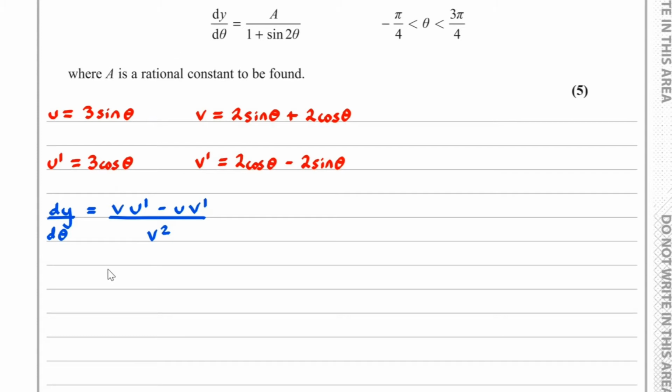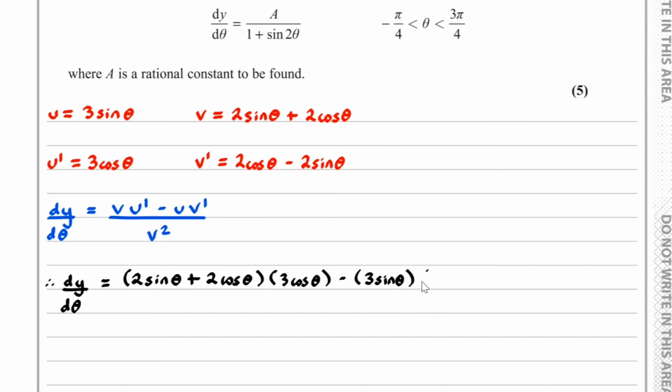Using this, we can therefore conclude that dy over d theta is equal to, well, we've got v, so that's 2 sine theta plus 2 cos theta times u dash, which is 3 cos theta, and then we subtract u, which is 3 sine theta, times v dash, which is 2 cos theta subtract 2 sine theta.